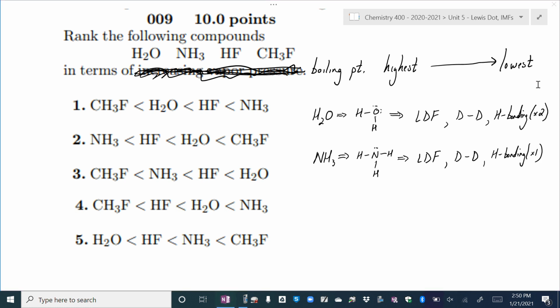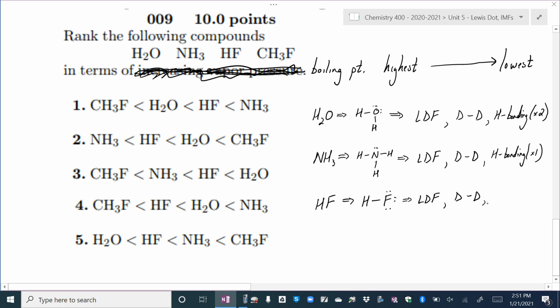All right, next molecule, HF. So similarly to HCl and HI that we just drew above. So this is hydrofluoric acid. Obviously, it's got London dispersion forces, and it also has dipole-dipole because it is not symmetrical.